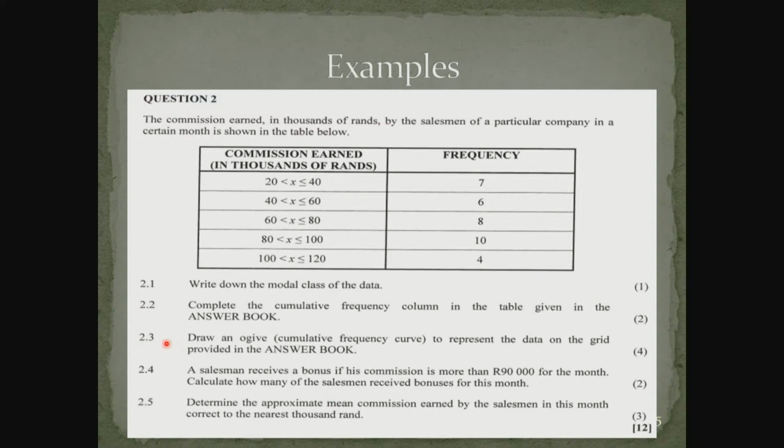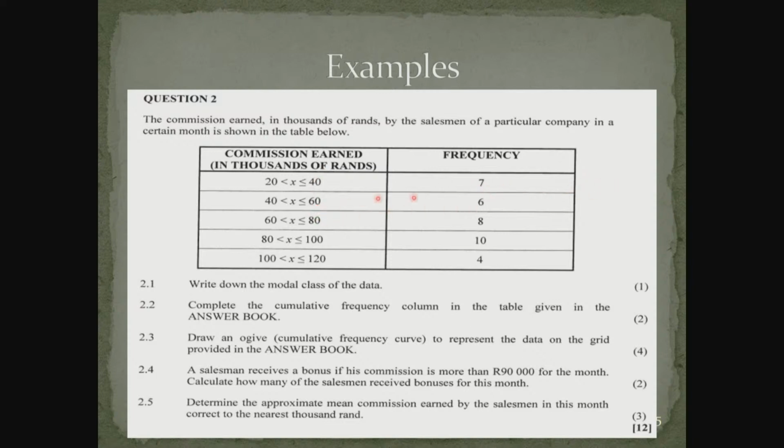All right, and then 2.3 says you draw the ogive, the cumulative frequency curve, to represent the data. Yes, in paper 2 we have the answer book. That's one thing that is nice about the paper. And then here we said we are going to use the upper boundary. It means in this case I must use 40, 60, 80, 100, and 120. 40 must go with the 7 on the cumulative frequency.